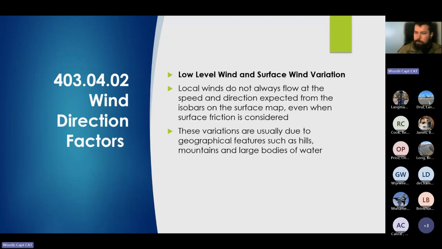So winds on the surface can be a little bit different from what we'd expect because there's all sorts of stuff that's going to affect the wind. There's lots of different factors going into which direction the wind goes. It can be a little bit complicated to determine.